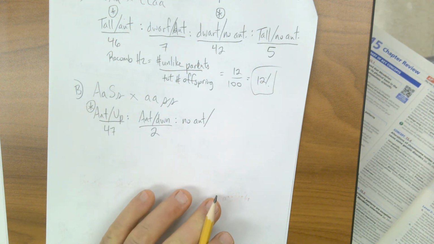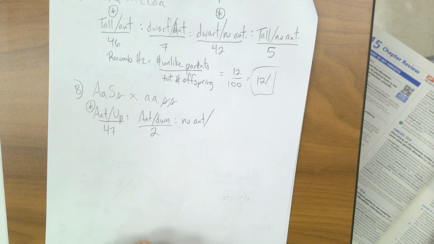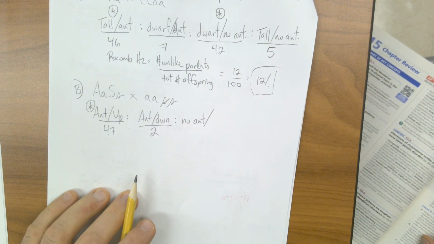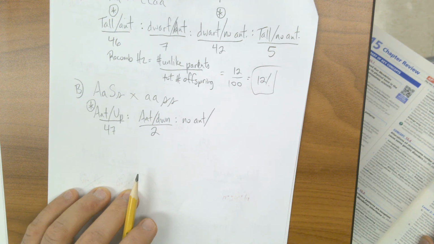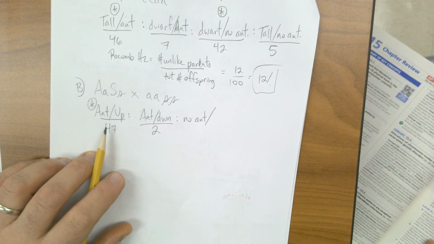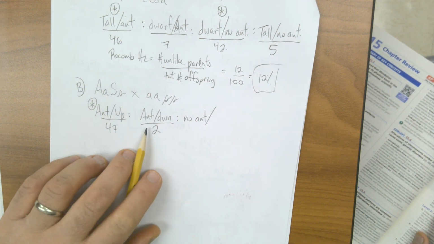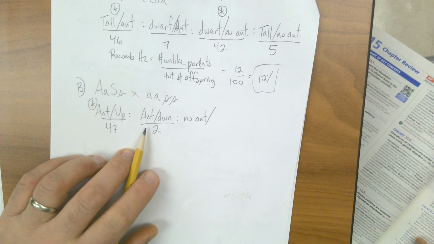I'll make sure I'm counting this correctly. Wait a second. I'm sorry, I'm getting this messed up here. Offspring antennae and an upturned snout is 47. Thank you. Antennae and a downturned snout is 2.